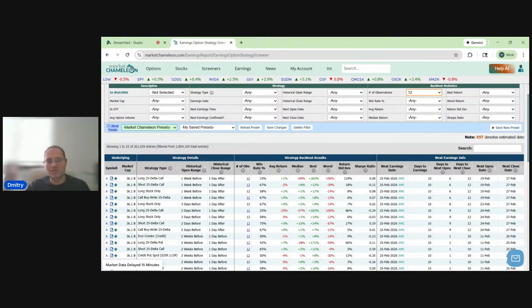Could be before earnings, after earnings, around earnings, and does that historically to get statistics on how that option strategy performed.